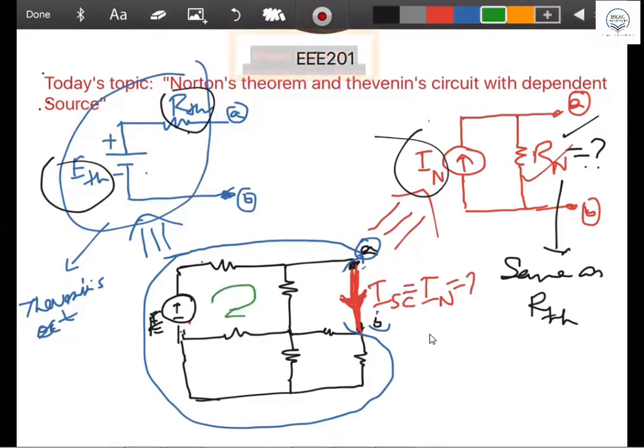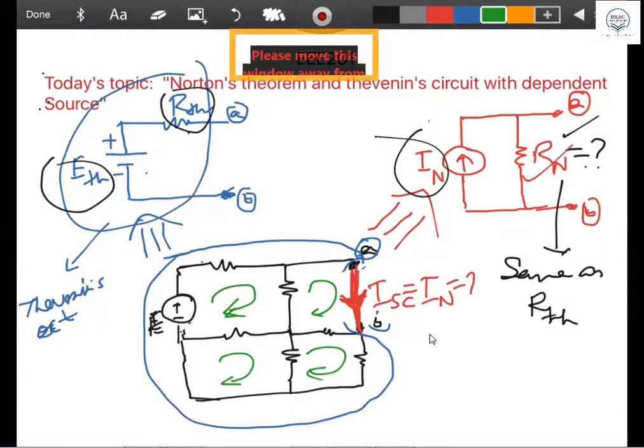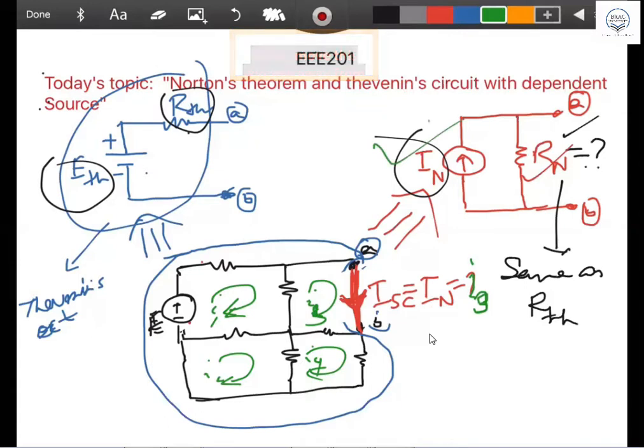So you are getting the mesh currents 1, 2, 3, 4. There are 4 mesh currents you find, and let's say these are I1, I2, I3, I4. And this I3 you are getting here. This I3 will be the answer. Once you find the value of I3, that I3 will be the I Norton. That's it. So you can find the value of I Norton from the mesh analysis.